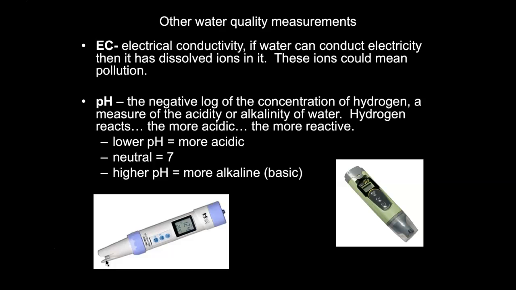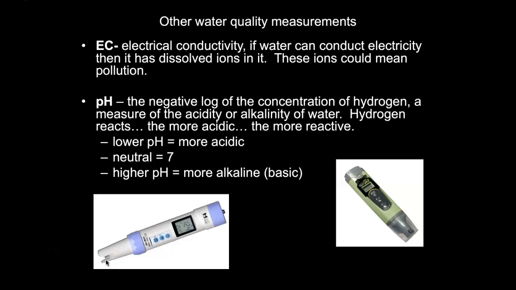Another one is pH. pH is the negative log of the concentration of hydrogen in a substance, a liquid usually. You like to say it's a measure of acidity or alkalinity. Is it acidic or is it basic? If there's an elevated amount of hydrogen, then it's more reactive, and that means it's a more acidic solution.